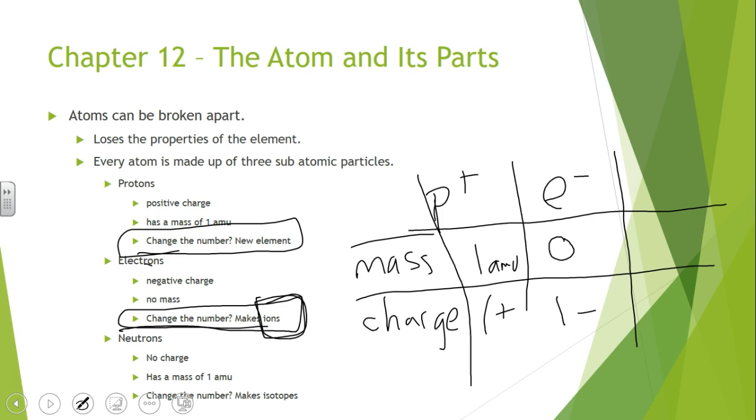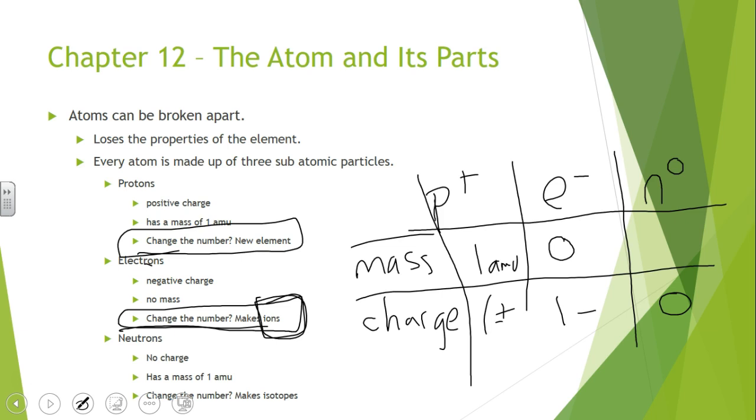And then the last part of an atom is a neutron. That's a lowercase n, and then we're going to put a 0 there, because a neutron, as you've probably guessed, is neutral. It has no charge. The way I always remembered this, and this is why I put neutron last, is that when you take a proton and an electron and shove them together, not physically, but in your brain, you get a neutron.